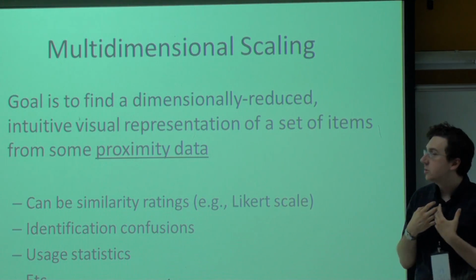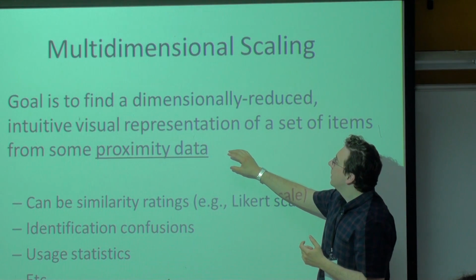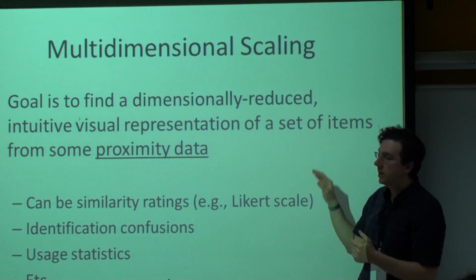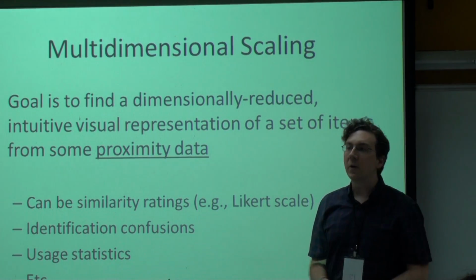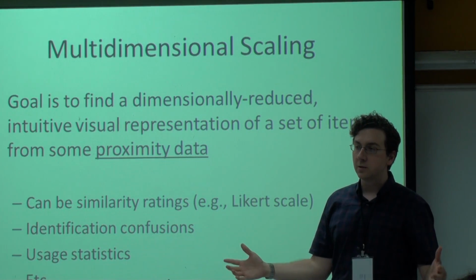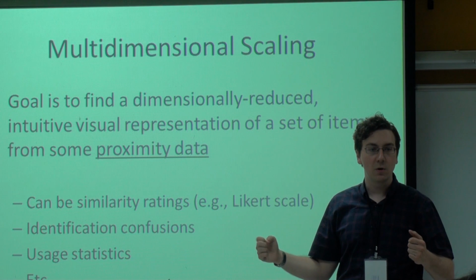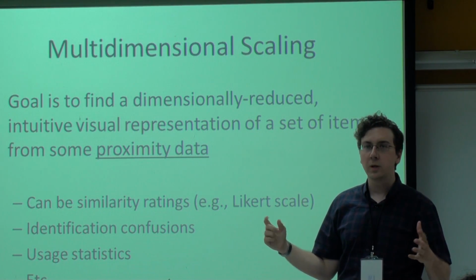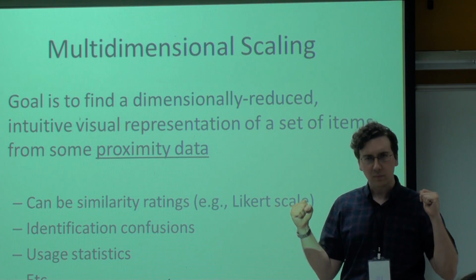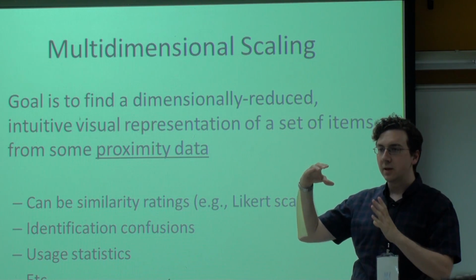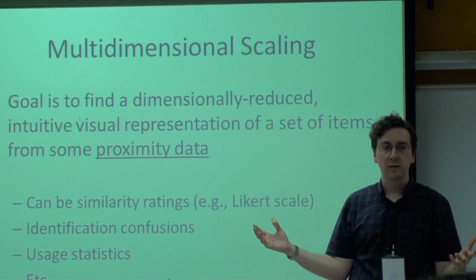Then what we want to do is use that data to find some visual representation of a set of items. If we have 7 colors, then there are 7 choose 2 different pairs, so that ends up being 21 different pairs. And we don't want to represent similarity as 21 different things.